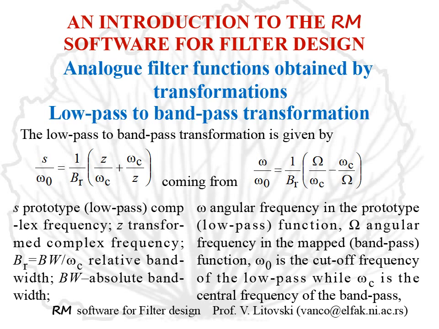On the right-hand side is Z, the new notation in the S domain for the complex frequency of the bandpass filter. Omega C is the central frequency of the bandpass filter, and BR is its relative bandwidth.